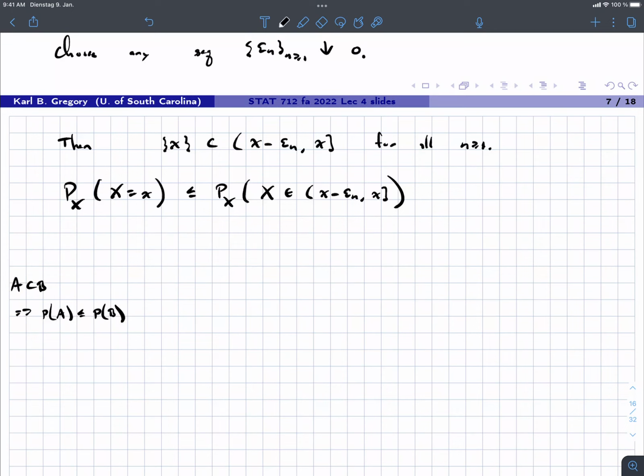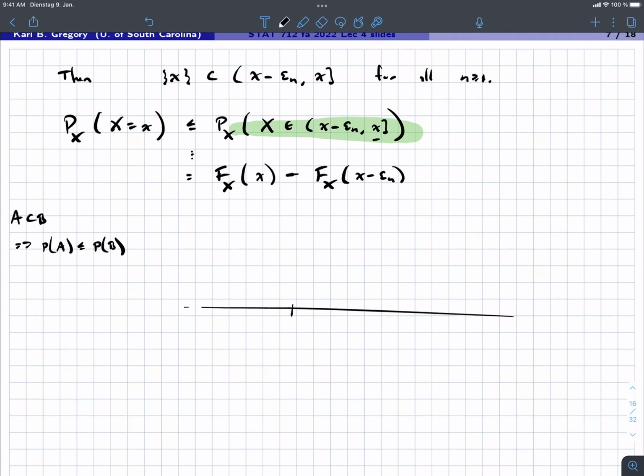Now, what I can write here, you might want to write it out in a few more steps, but we see that I can take the CDF evaluated at this upper value and subtract the CDF at this lower value.